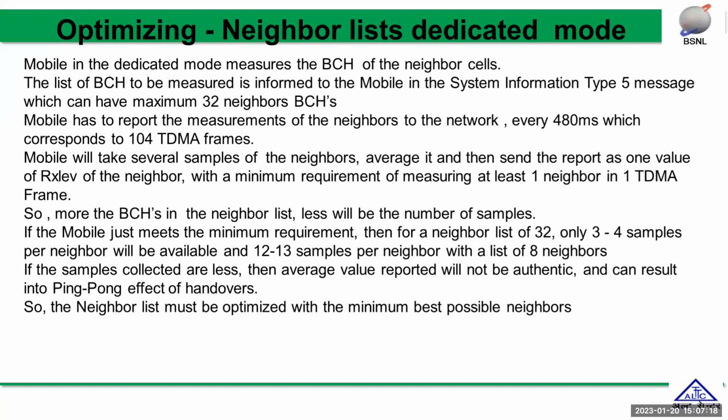If the samples collected are fewer, the average value reported will not be authentic and can result in the ping pong effect of handovers. So the neighbor list must be optimized with the minimum best possible numbers.